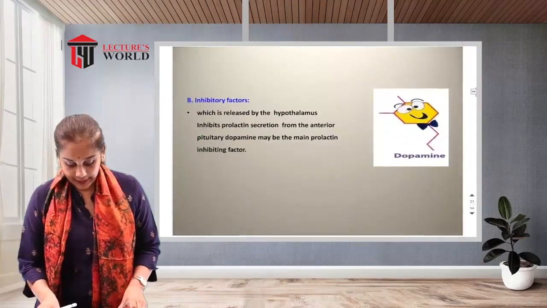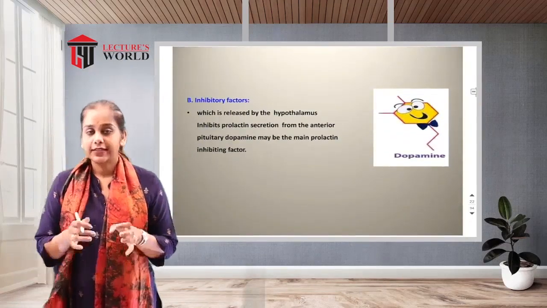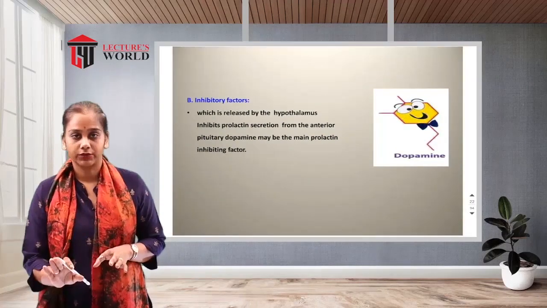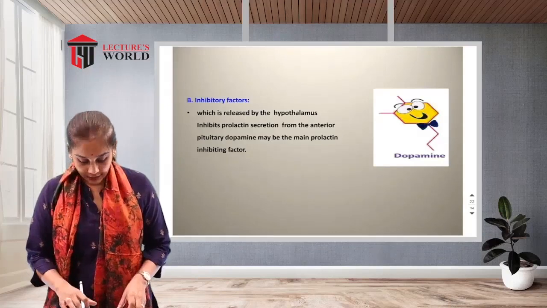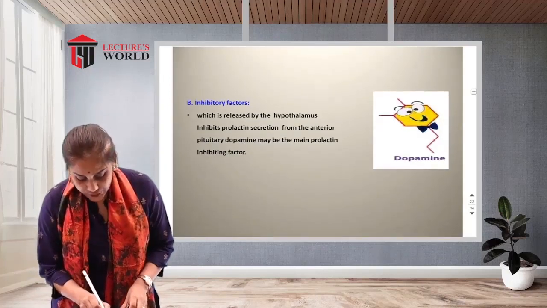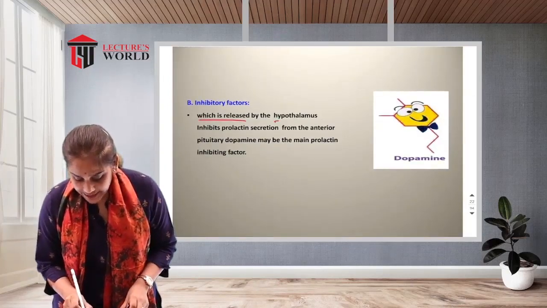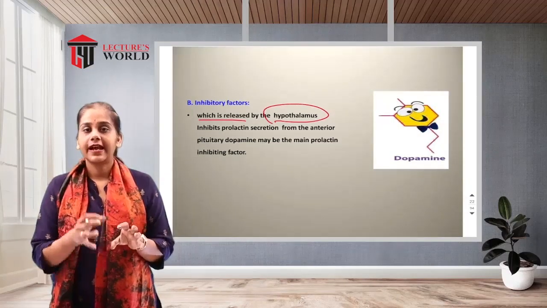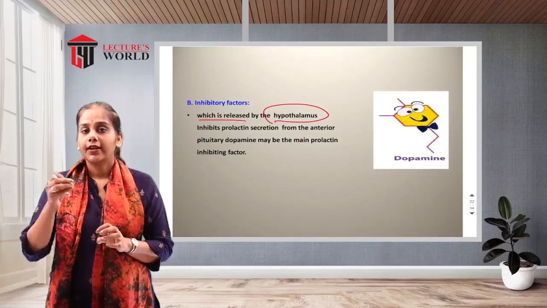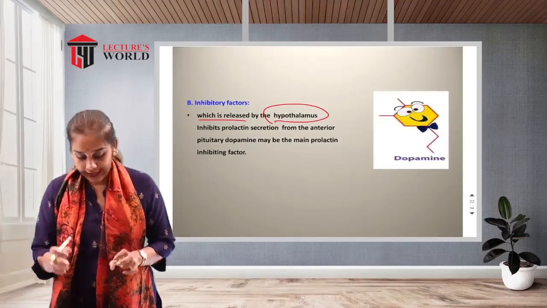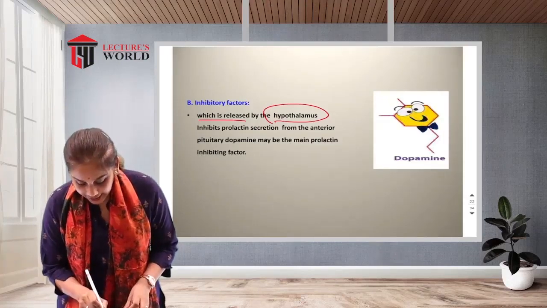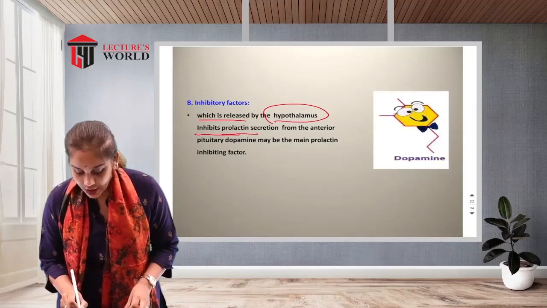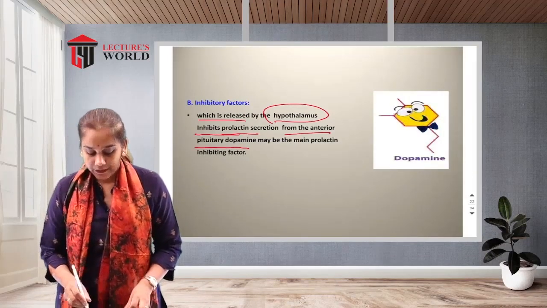The second one is the inhibiting factors. What is the meaning of inhibition? They stop the hormone from the releasing organ, and it is released by the hypothalamus. The hypothalamus always tries to trigger the anterior pituitary gland. So the hypothalamus inhibits prolactin secretion from the anterior pituitary.